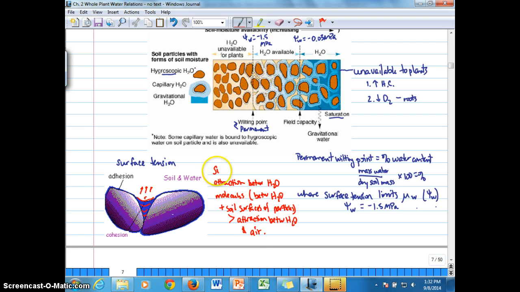So that's the definition, or what describes surface tension in water.